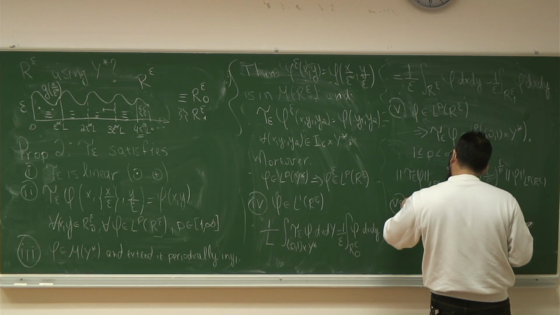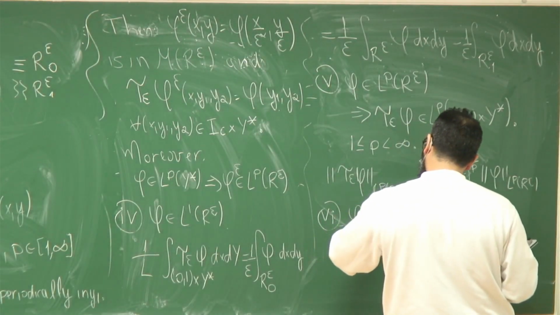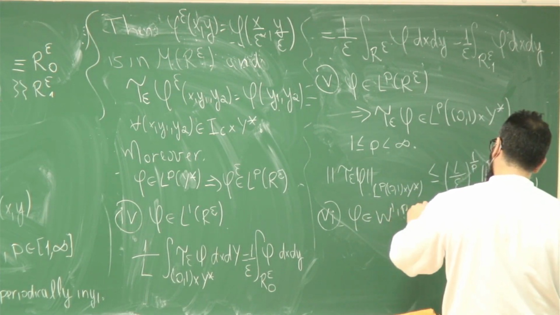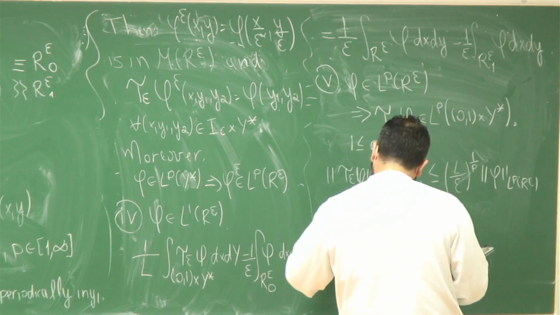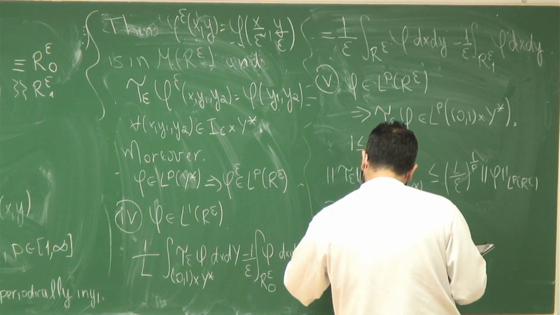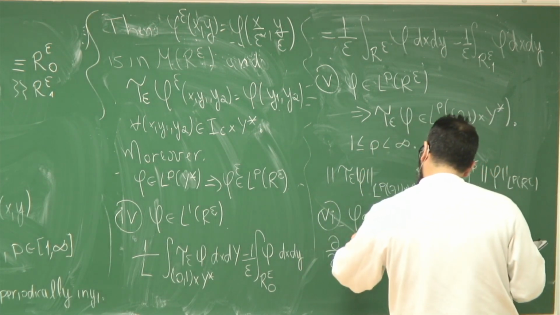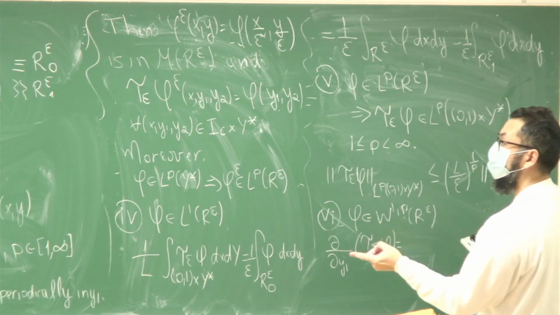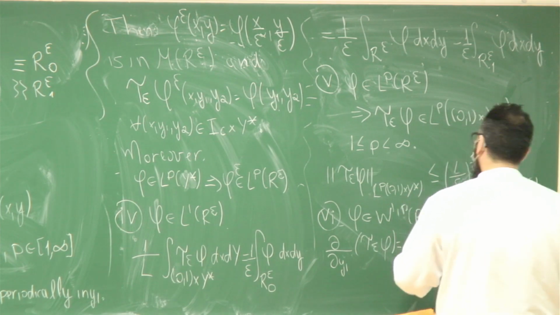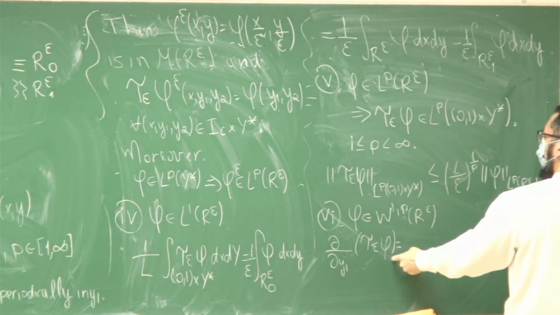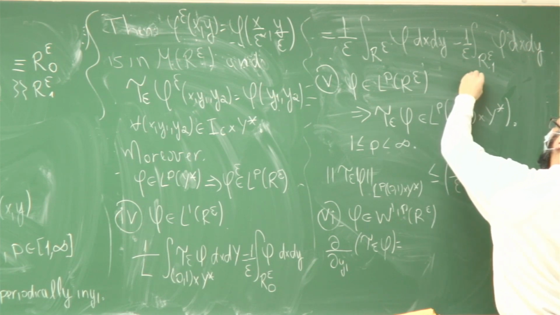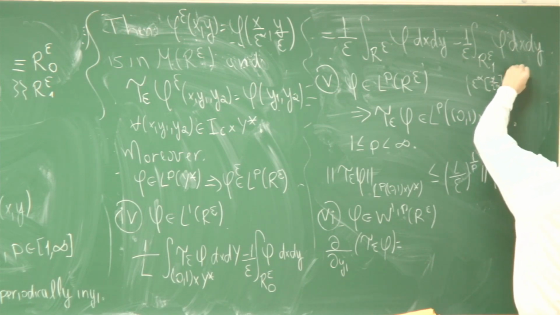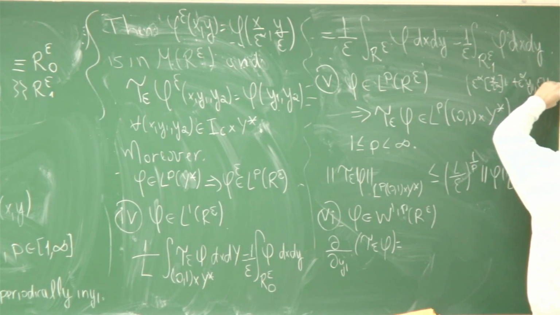And the last property: if we have a function, it doesn't need to be in W1P, it can be W11 to state this proposition. If we take the derivative of the unfolded function, inside here will be this.